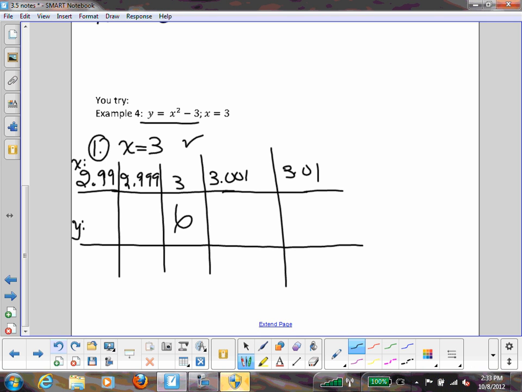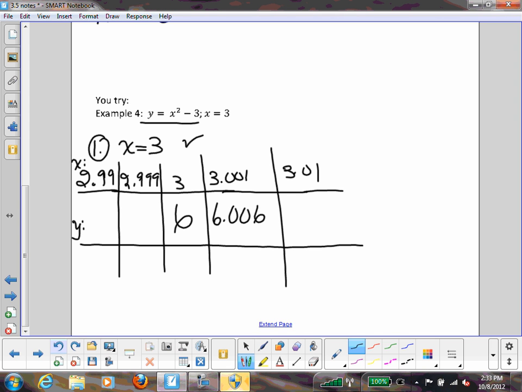I'm plugging it into that formula or that equation, correct? All right, what happens when I plug in 3.001? What do I get? Okay, pretty close to 6, isn't it?